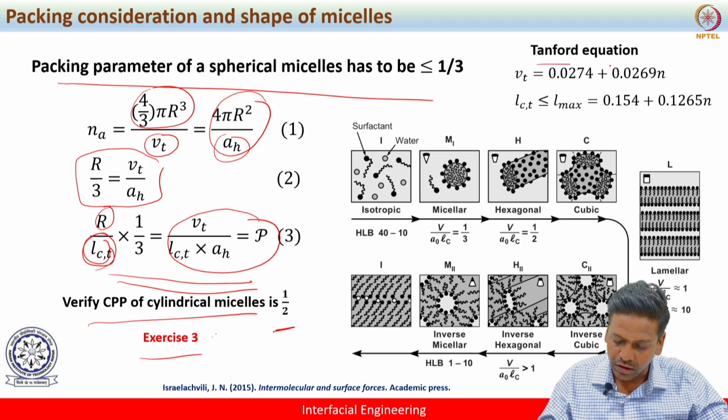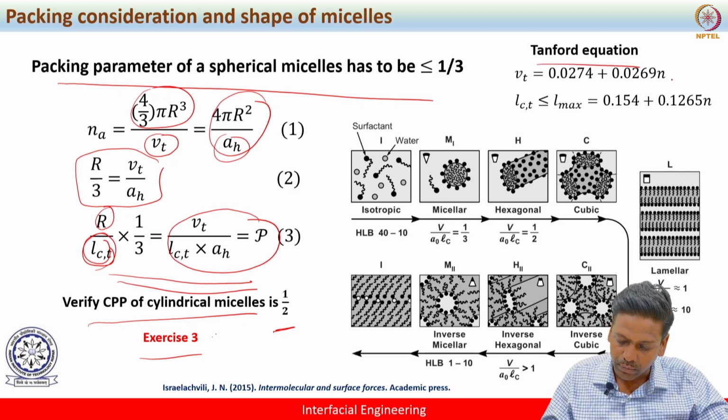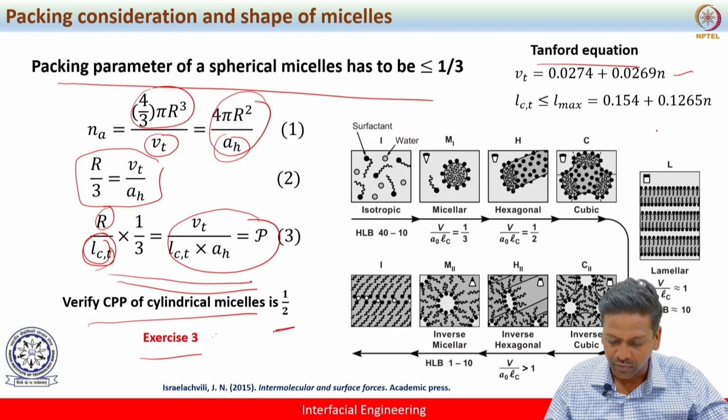Now, there is something called the Tanford equation, which is again an empirical equation based on the number of carbon atoms present in the chain. You can use it to understand the volume of the tail and the critical chain length.